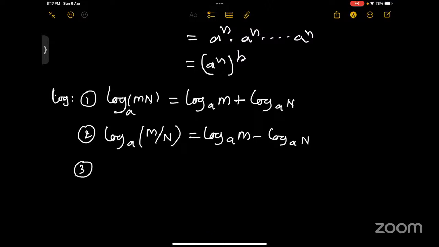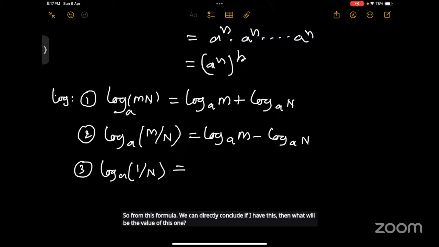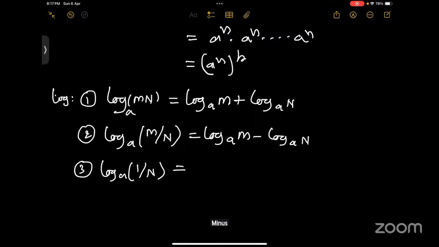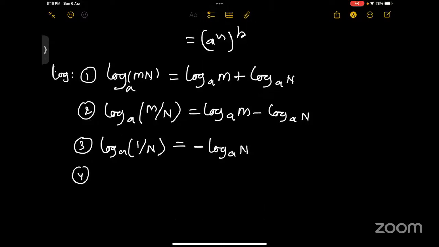So from this formula, we can directly conclude, if I have this, then what will be the value of this one? Minus log n base a. Correct, because log 1 is 0, right? Then log a x to the power r is r log a x, right?